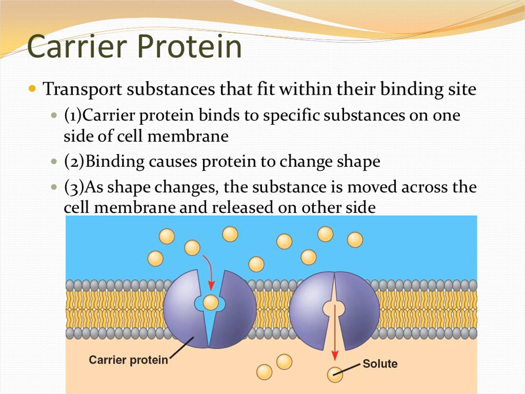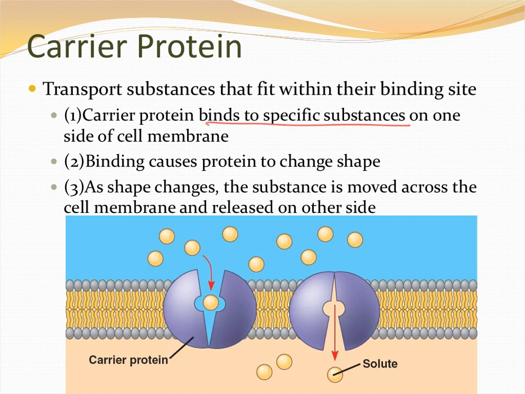Those are proteins that bind to specific substances on one side of the membrane, and then what happens after it binds? The protein changes shape. When it binds, it changes shape. Remember the shape I kept pushing on you? I think a month and a half ago, I kept telling you structure and function, structure and function. I kept telling you the shape is so important, that proteins change shape.